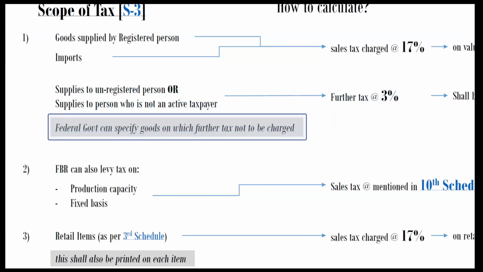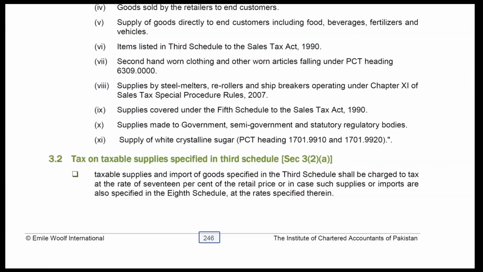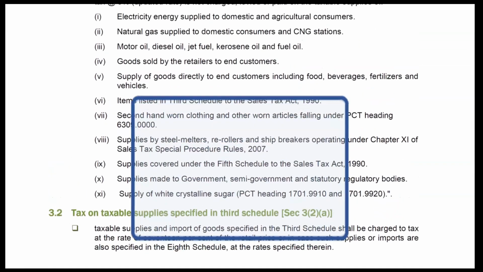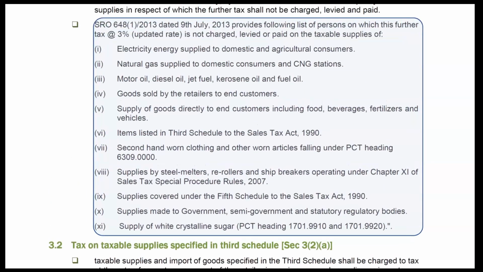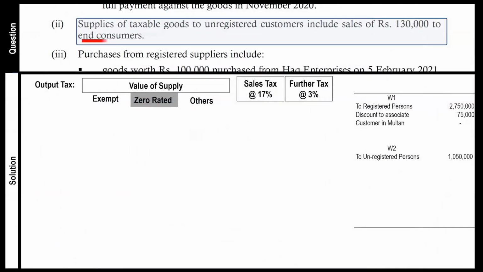Now refer to page 246 of study text. Read this SRO. This SRO has been issued by federal government. Further tax at 3% will not be charged on transactions and items mentioned in this SRO. At serial number 5, supply of goods to end customers has been mentioned. Move back to solution and read this para again.